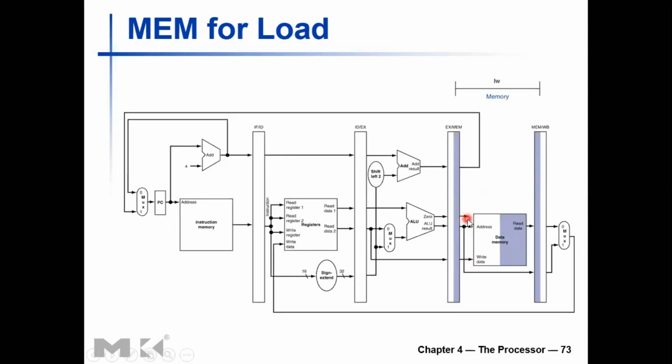So this 0 output and the branch target are used if this was a branch instruction, and that would have been used by other multiplexers here and this multiplexer there to decide what to write into the program counter value. So we don't need to be concerned about those two particular values for the load instruction. For the load instruction, we need the address which was computed by the ALU and saved in the pipeline register, and we don't need to be concerned about write data.